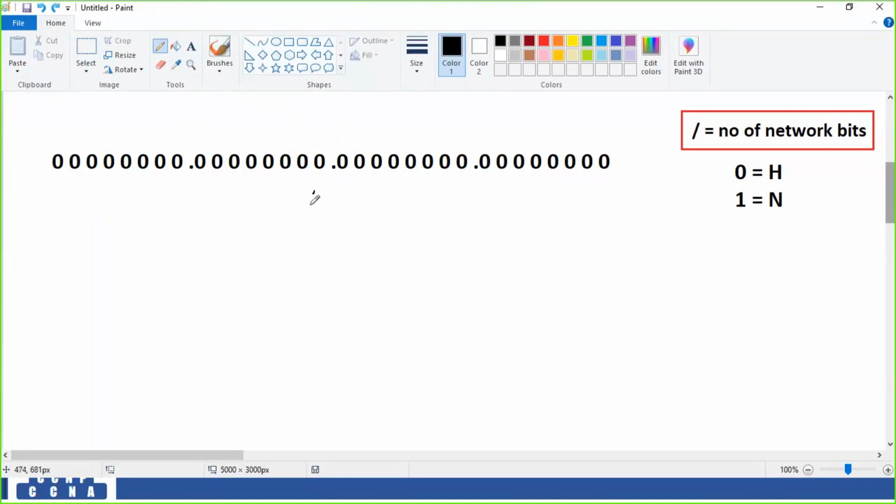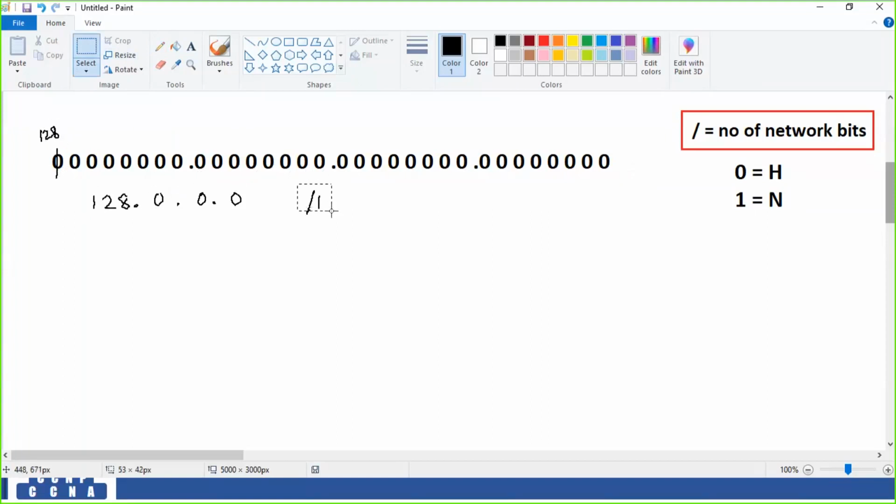So my requirement is /1 slash notation. What does slash indicate? Number of network bits. How many network bits do I need? 1 only. So I make the first bit a network bit. What is the first bit value? 128.